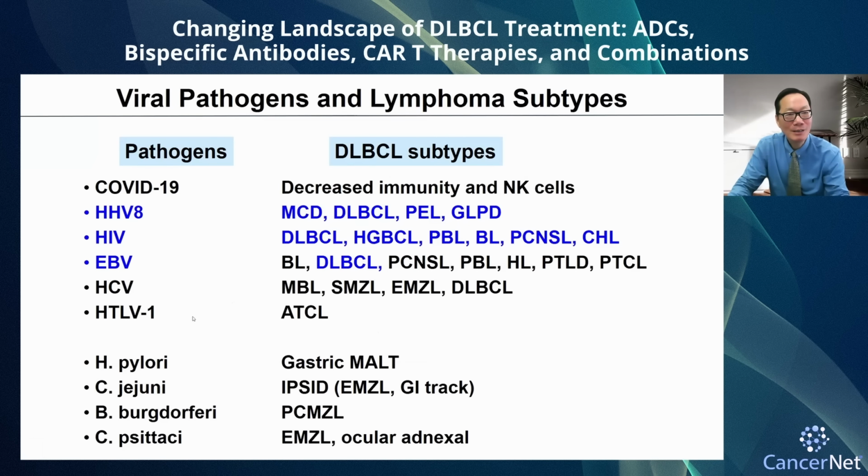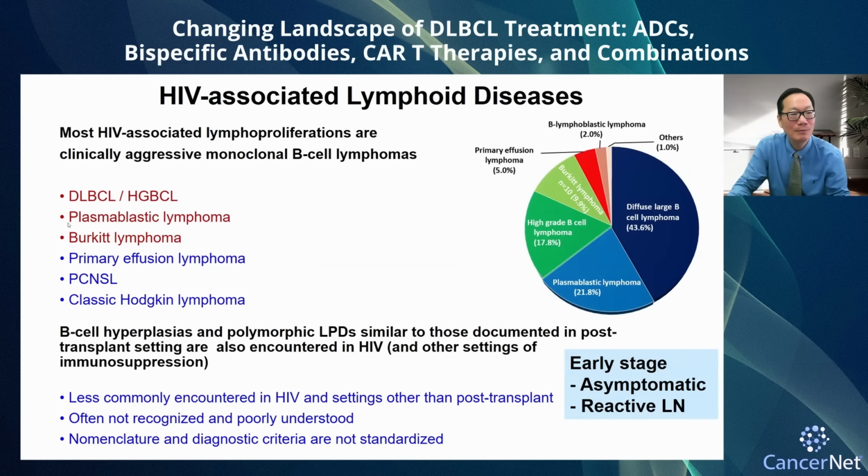Now, this suggests DLBCL may be associated with many viral infections that we need to pay attention to. The lymphoma may be associated with viral infection, may be associated with bacterial infection, particularly in HIV conditions. Many high-grade B-cell lymphomas may be associated with HIV. Then we need to handle those patients with a different strategy.